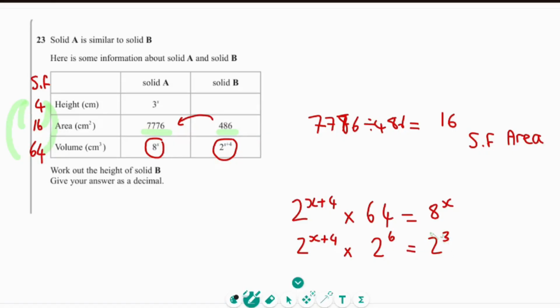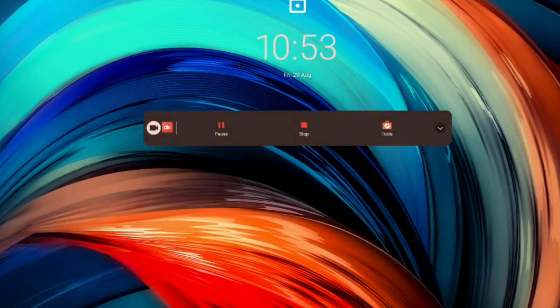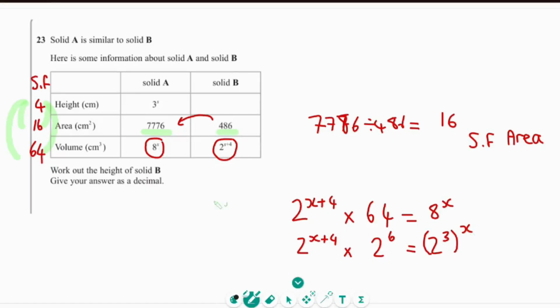So we've got 2 cubed to the power x. So let me just open up those brackets there. Power to a power, we just multiply the indices, right? So it's 2 to the power 3x.